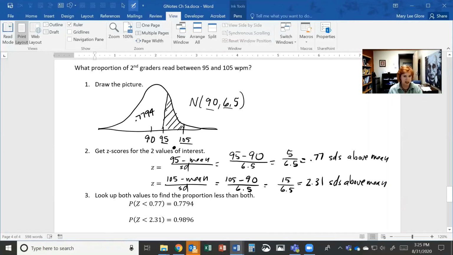So this 0.9896 is going to include the area I need, but it's also going to include the proportion who read fewer than 95. So this one plus this one together are 0.9896. So if this plus this is 0.9896, then this one is 0.9896 minus this one. And that equals 0.2102. So this area right here in the middle is 0.2102.